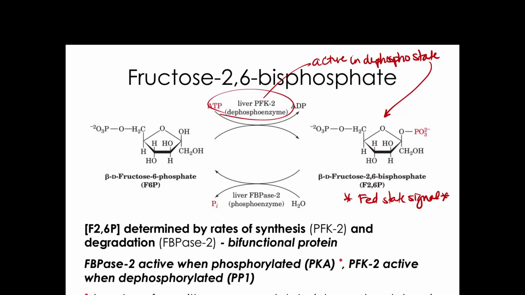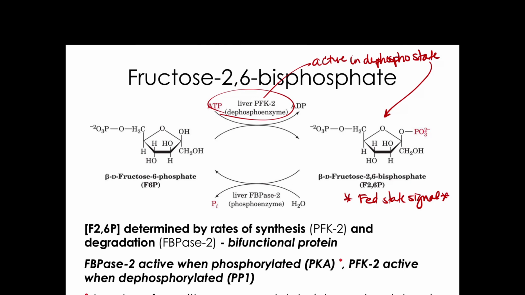So one of the really interesting things here to kind of piece together is some of the players that we've actually already seen before. PKA and PP1 are the ones that are really phosphorylating or dephosphorylating this bifunctional enzyme. So, oh my gosh, the layers that we have here can get a little bit complicated.